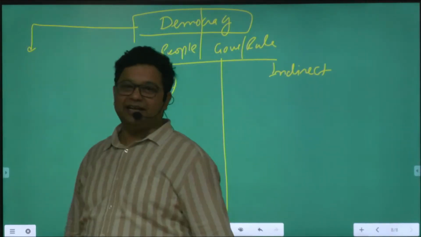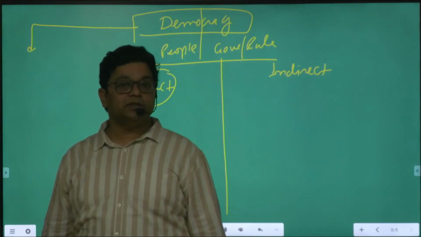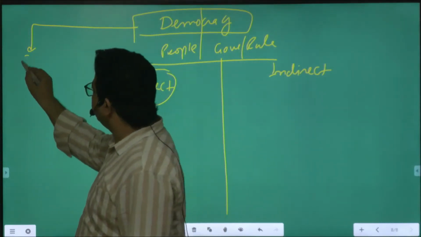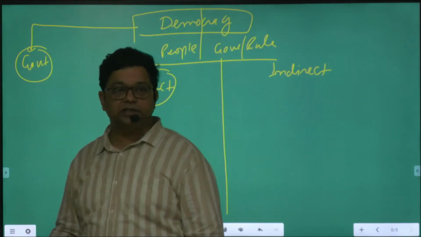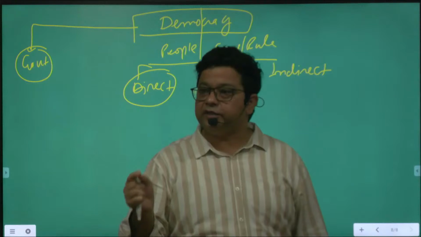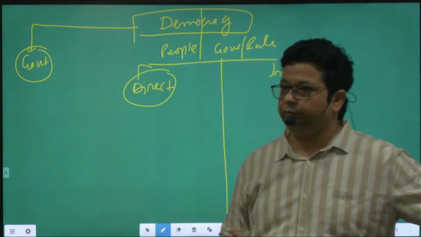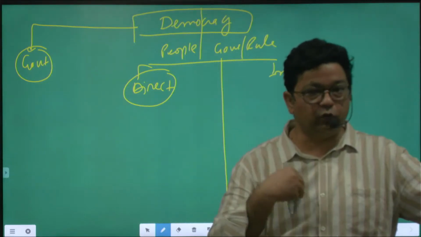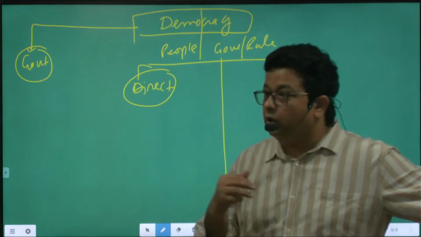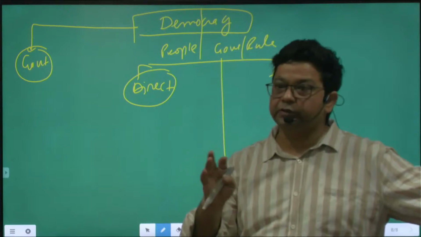Two things. First, people's participation in the formation of government. The decision of which government they want to form means people's rule. People's rule means they are being ruled by themselves or through representatives.